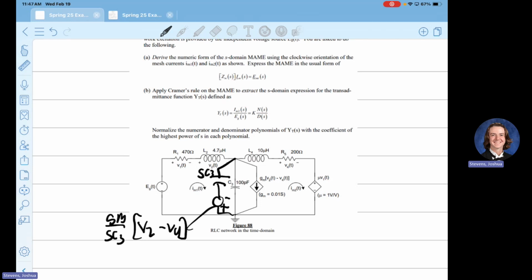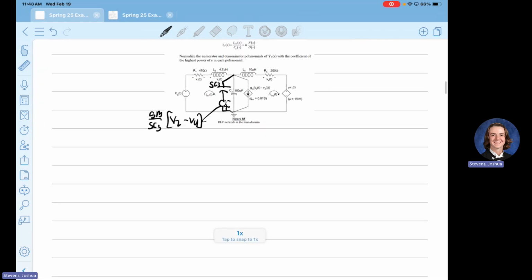So I appreciate the question, but we don't need to do it numerically. And if we don't have a numerical value for the source, you're not going to be able to find it. So if it's not numerical, don't expect to find a numerical value.